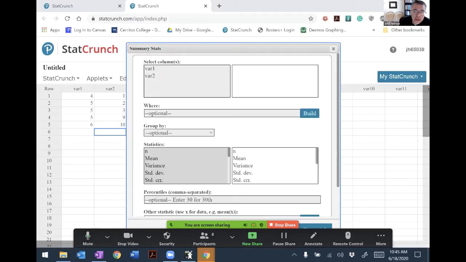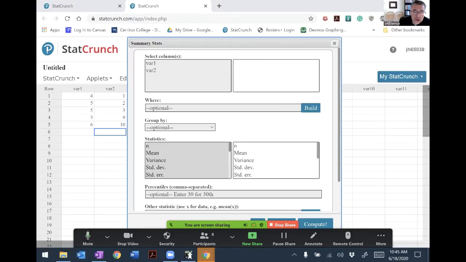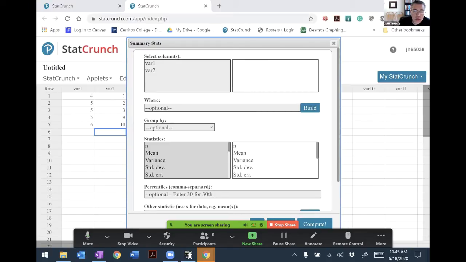Clicking on that is going to bring up a screen that looks like this. I'm going to click on var 1, that's for my first one here. What I want from var 1 is just the standard deviation because we've calculated everything else.